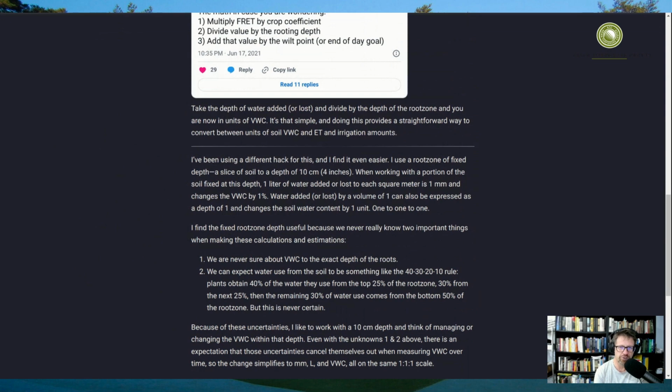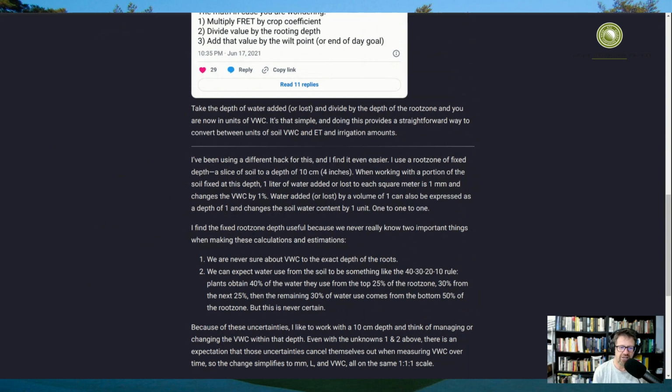Most of the roots will tend to be in the top 10 centimeters. So it's realistic for a root zone. And also, we can expect that most of the plant's water use is happening from the top of the root zone anyway.